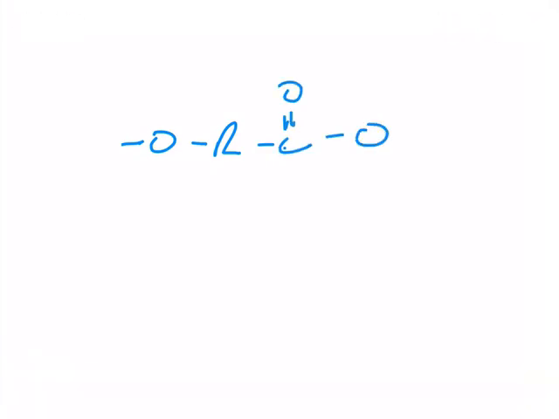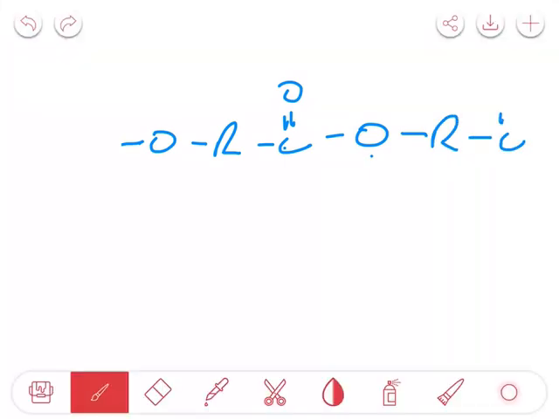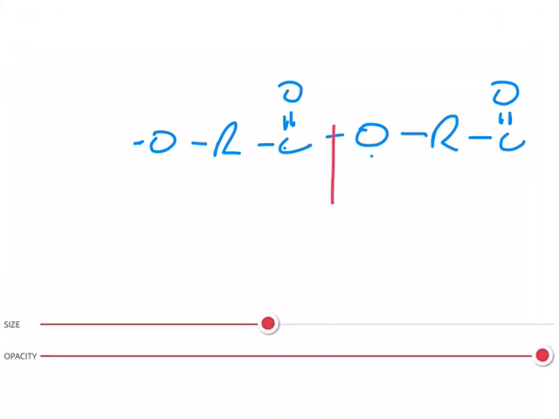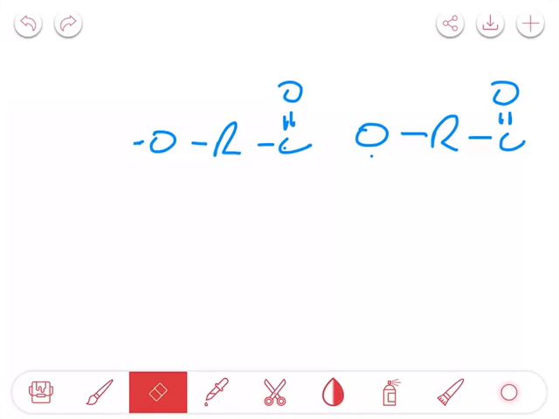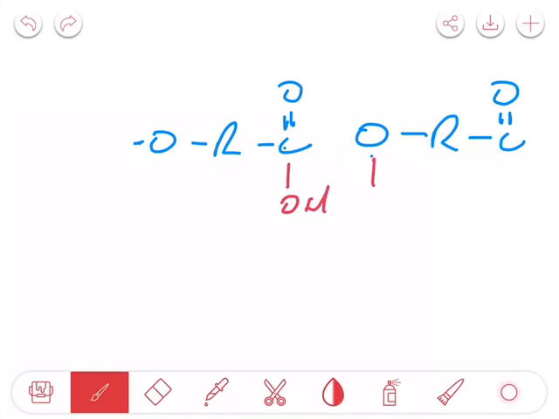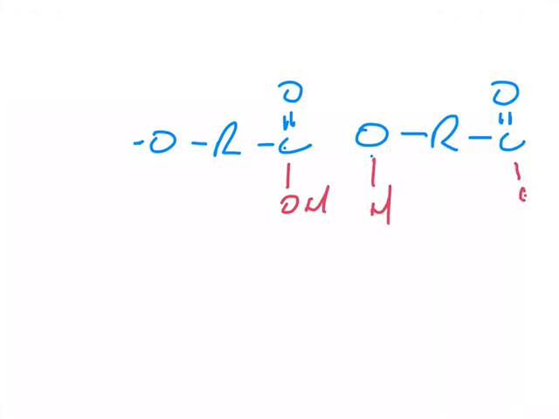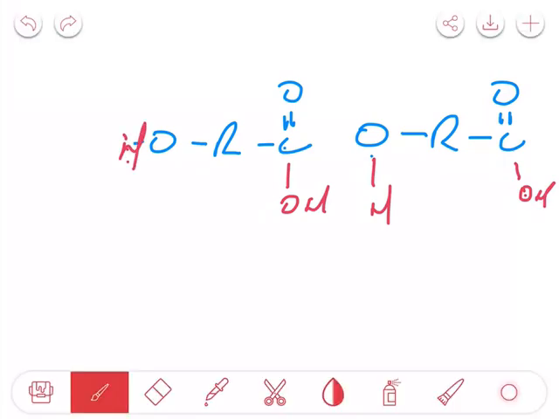So C O O, R, C O R. Okay, so again, sticking to what we know, we break it here, which means that bond is going to disappear, which means the water is going to go back in. So here's the water, OH back on there, and the hydrogen back on here. And of course, this would happen over this end as well. OH back on there, and the hydrogen back on this thing here.